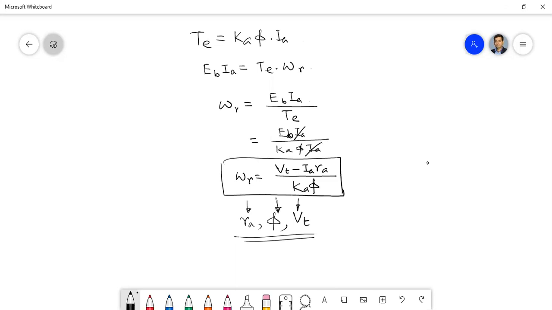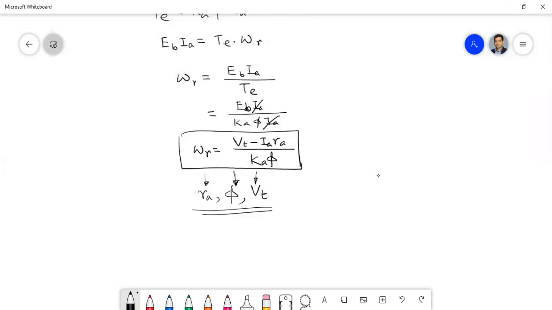So there are three types of speed control methods used for controlling DC motor speed: armature resistance control, field flux control, and armature voltage control. So these are the speed control techniques for DC motors. Clear? Okay.